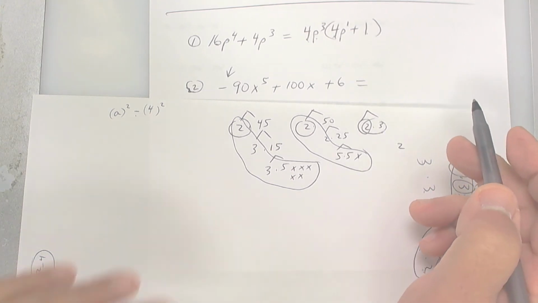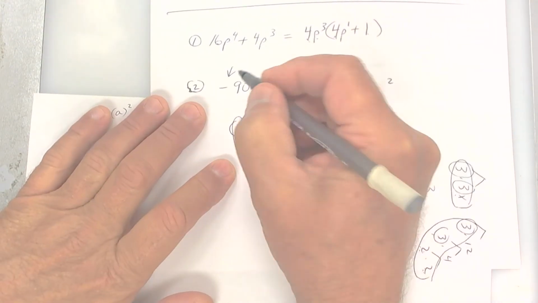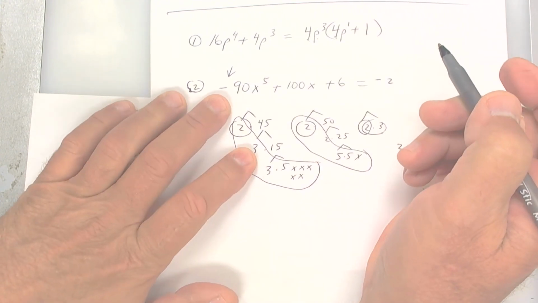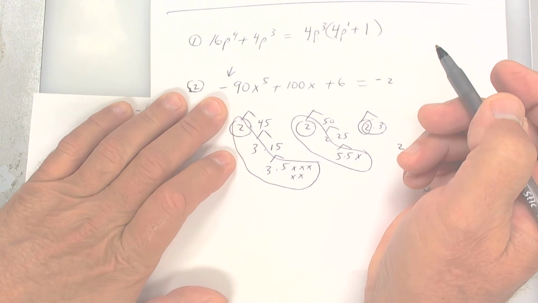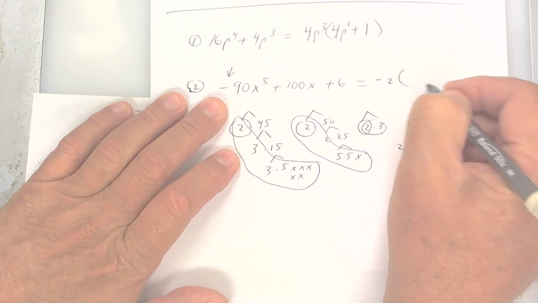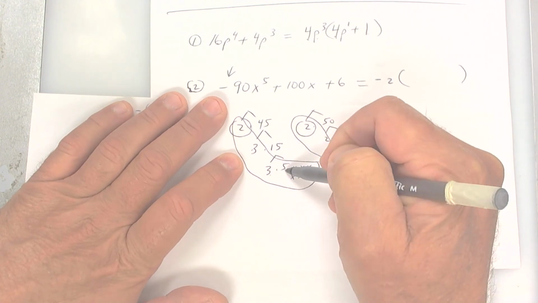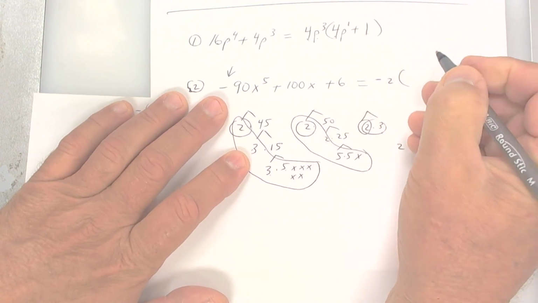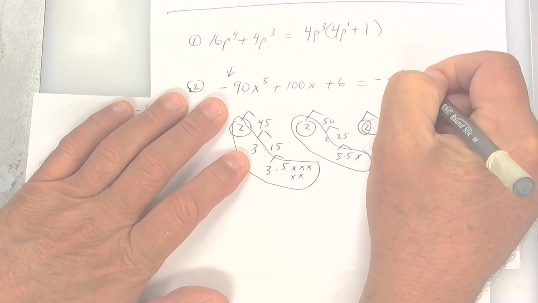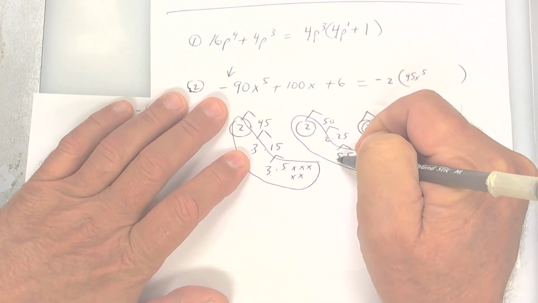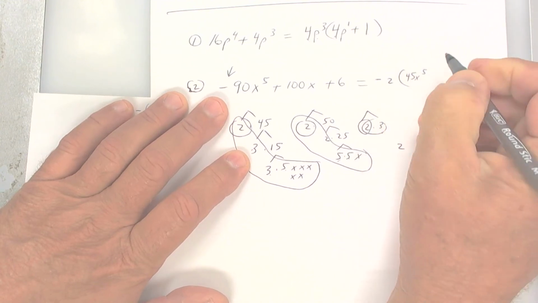So all you can do is take out a 2, but I want you to take out a negative. If the first term is a negative, take out a negative. So what am I left with? Well, 3 times 3 is 9, 9 times 5 is 45, so put 45, x to the fifth. 2 times 25 is 50, so that's 50x.